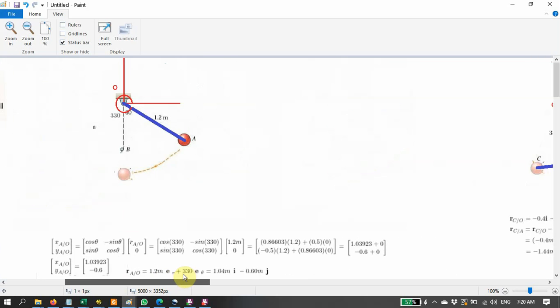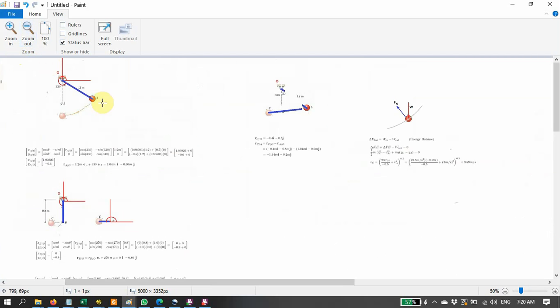Right, so let us look at how this problem is being solved. First, I'm going to treat the motion of A to this direction and get the position vectors.